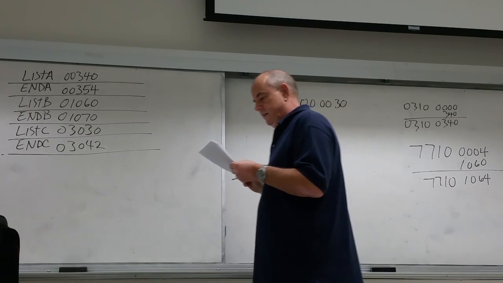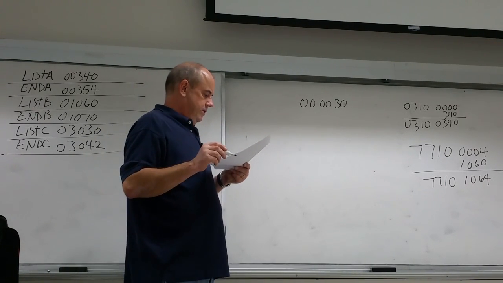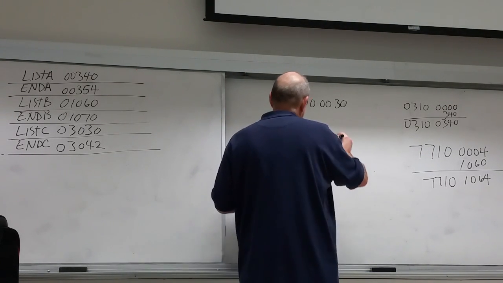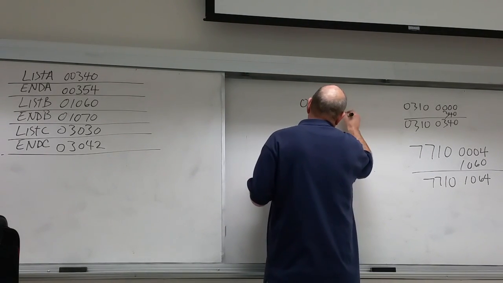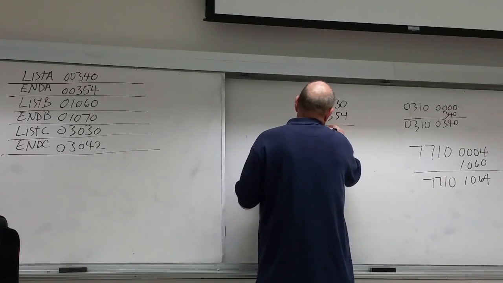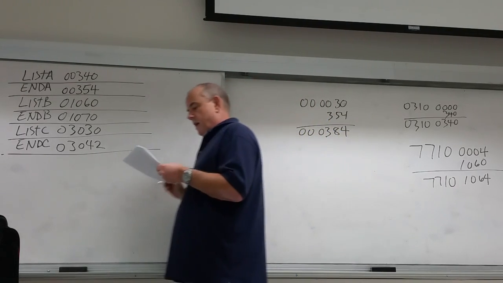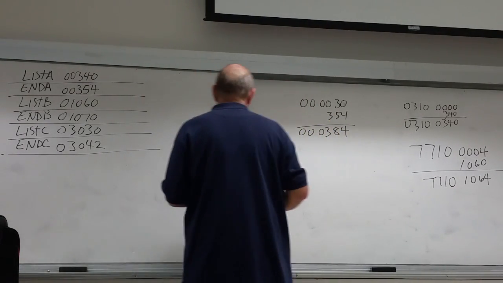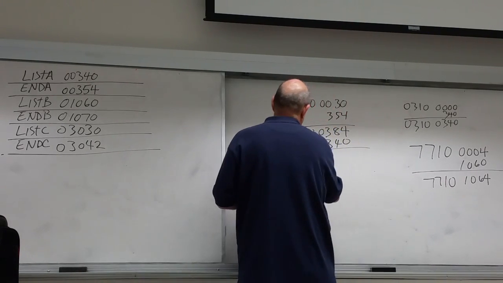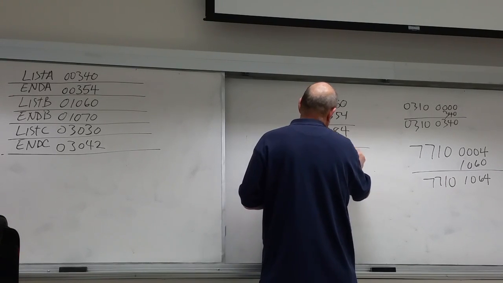That is the plus list C. So now we have plus end A. Okay, end A is 354. 0000384, minus list A, minus 340, 00044.